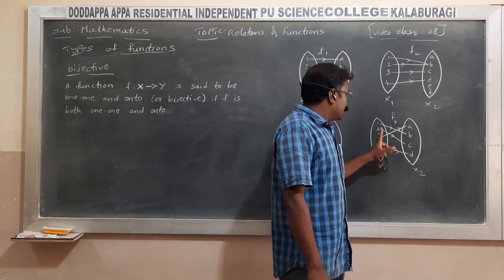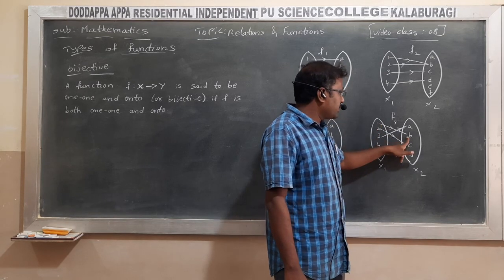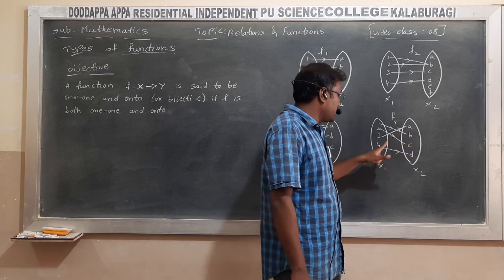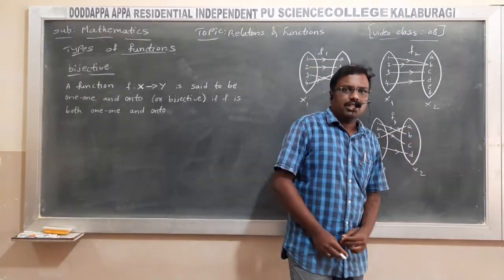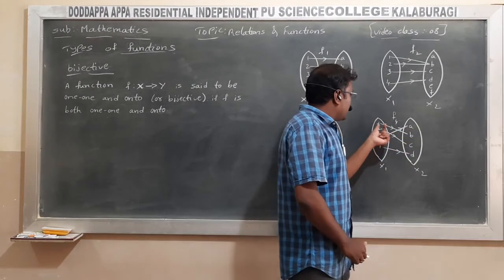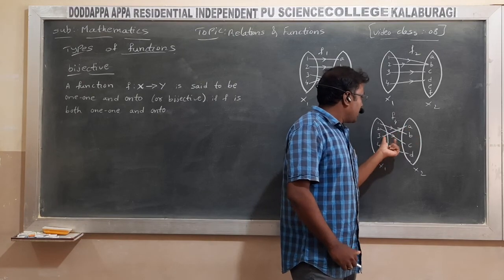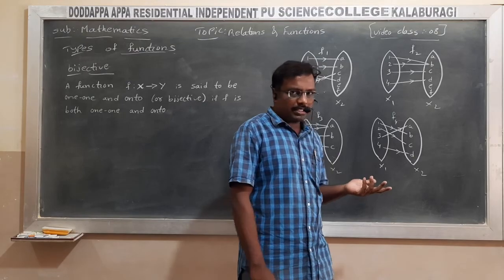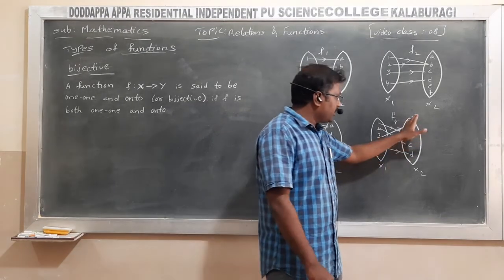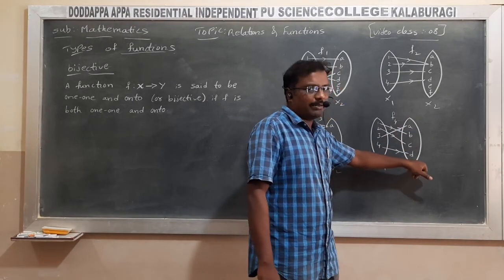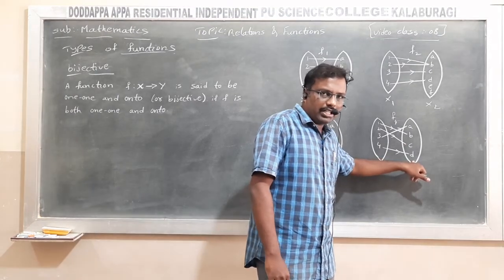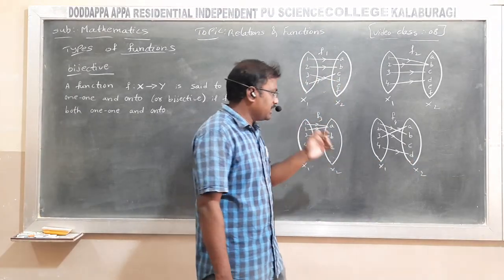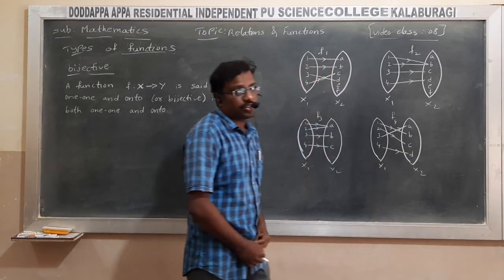Each element is related to one image, and there is no element left out in set B, so it is onto also. Hence it is a bijective function.